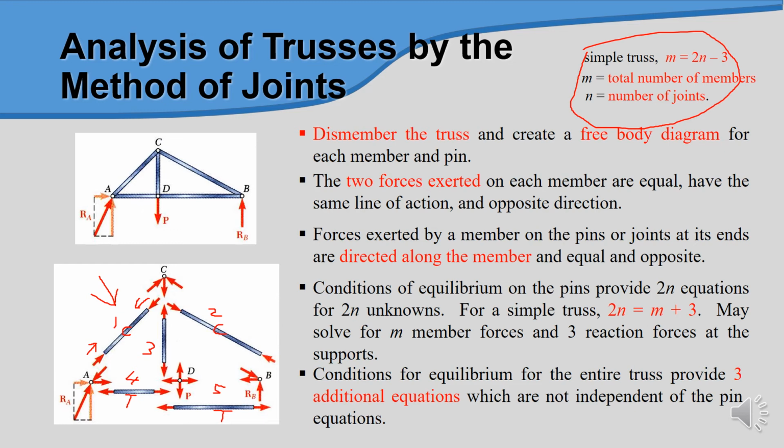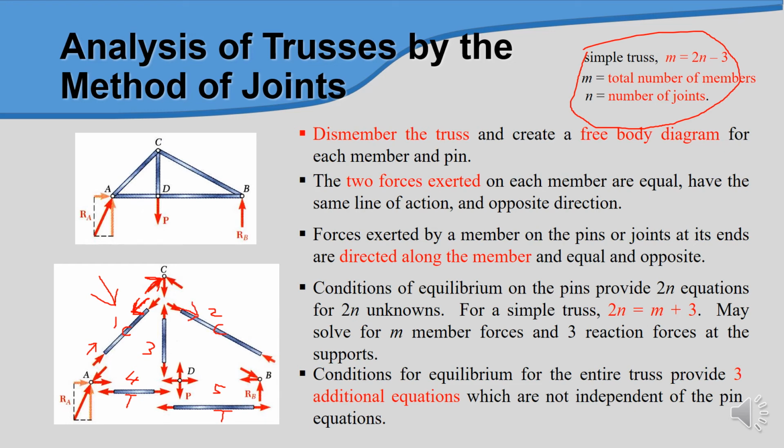So if you set this member as compression, the force at point C must be in the opposite direction to member number 1. If you have this force acting in this direction, at C it is supposed to be in the opposite direction.